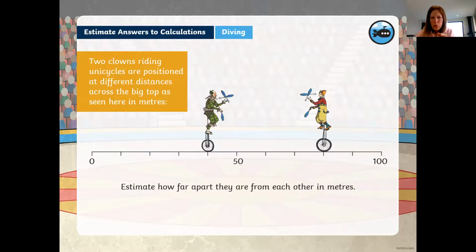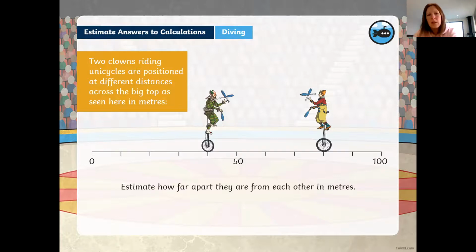Could it be 2s? No, it's not going to get us up to 50, is it? If I count in 2s, it's not going to be enough. 5s: 5, 10, 15, 20. No, that's not going to be right either. 10s: 10, 20, 30, 40, 50. That works, doesn't it? So each of those little markers is going up in 10s.